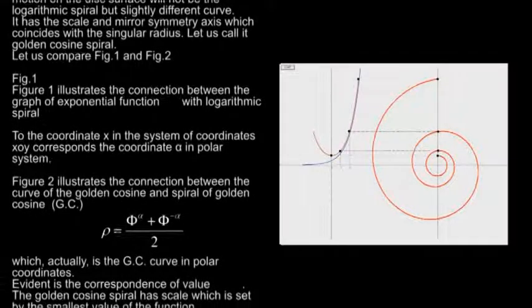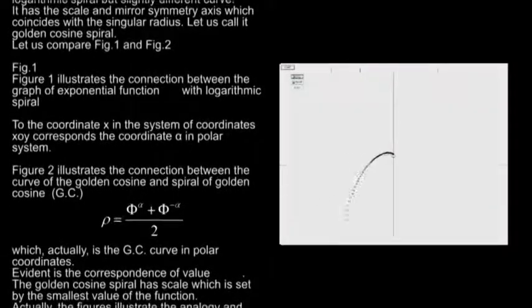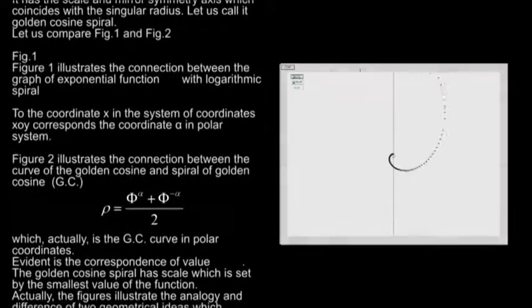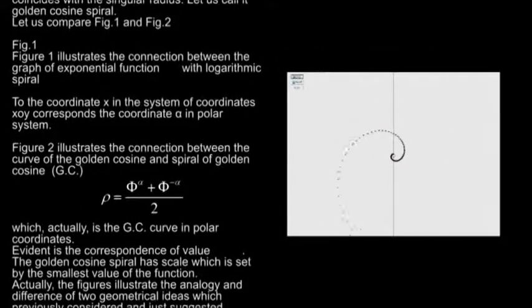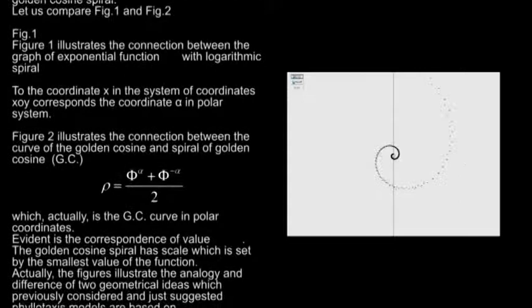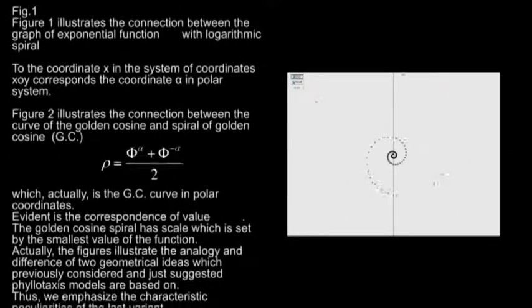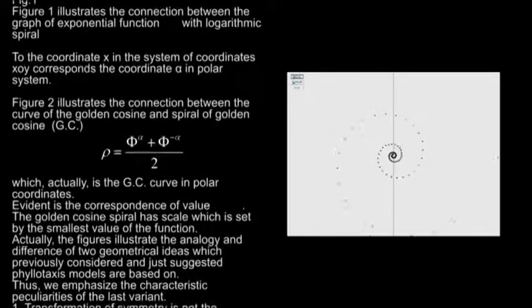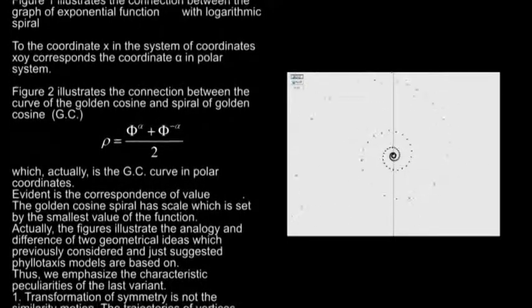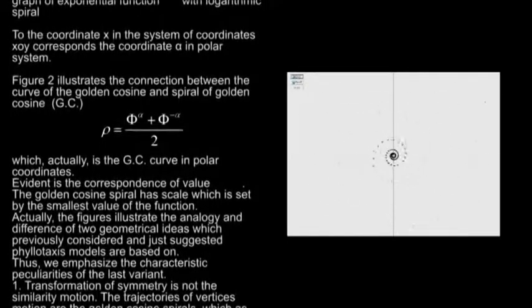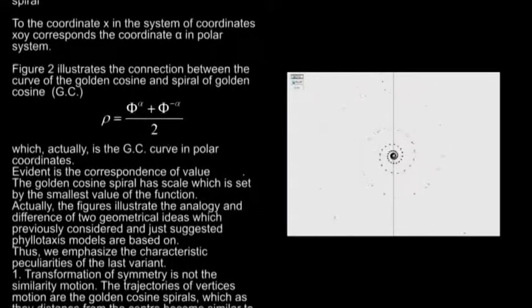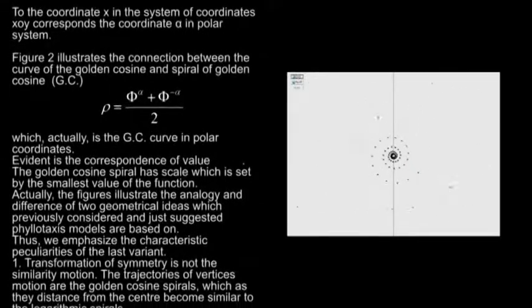Evident is the correspondence of value 2 equal to alpha. The golden cosine spiral has a scale which is set by the smallest value of the function. Actually, the figures illustrate the analogy and difference of the two geometrical ideas which the previously considered and the just suggested phyllotaxis models are based on.